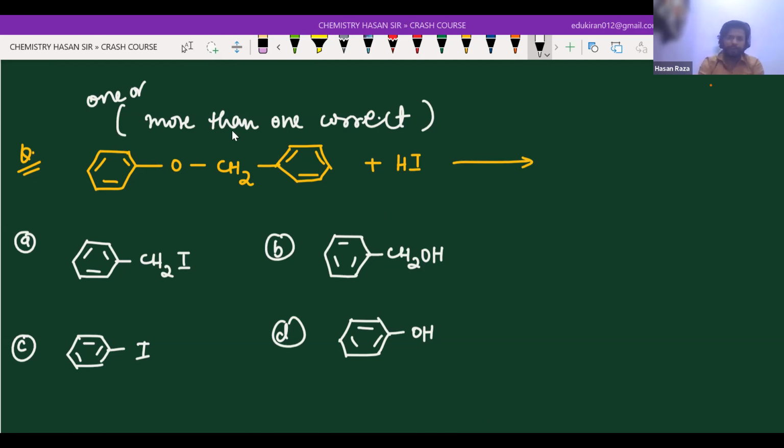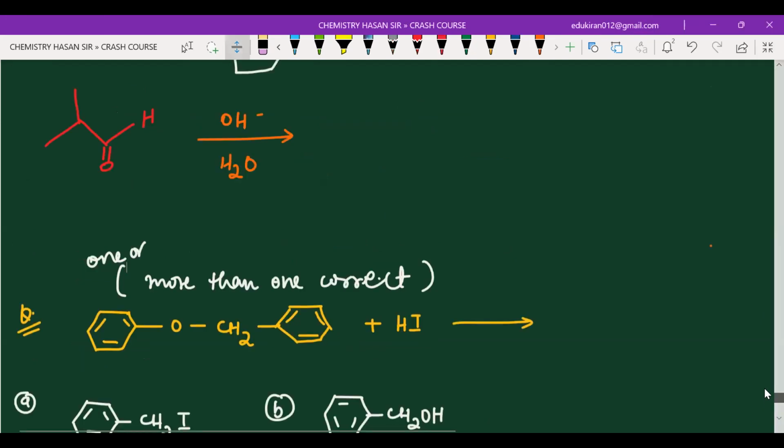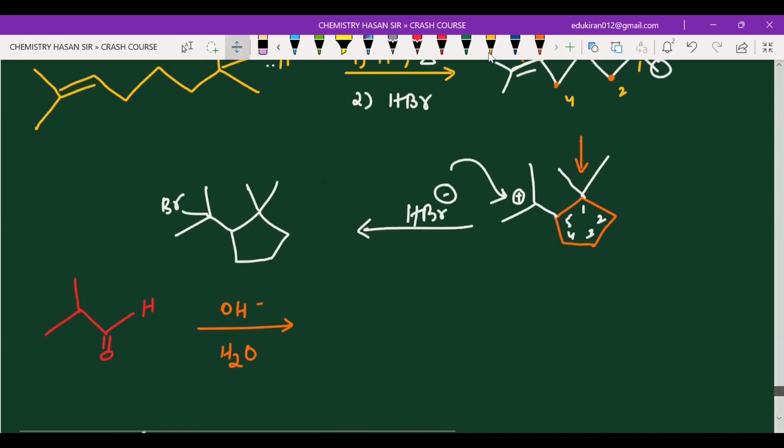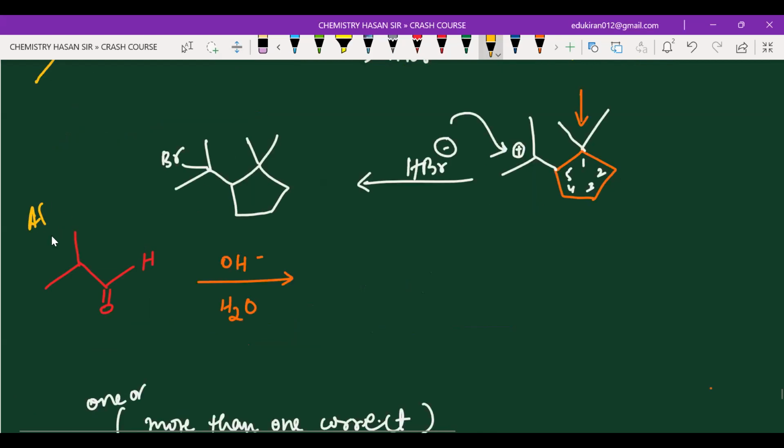Marita, did you apply the aldol in this reaction? Yes or no? No, sir. So you are going to apply aldol on this reaction. You know what is aldol, aldol condensation?